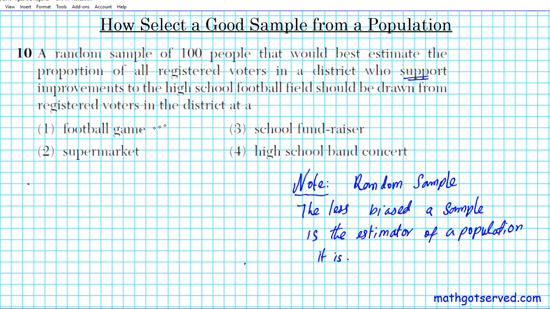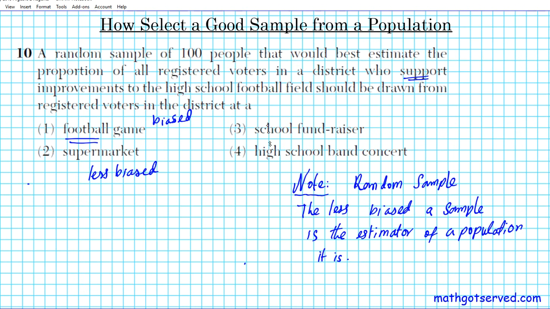So this one is biased because you're selecting people that favor the game. Let's see if there's something better. Supermarket. Is it restricted to high schoolers or people who play football or people in high school who play football? This one is less biased. It's more neutral, and that's where you want to go to get a good sample.